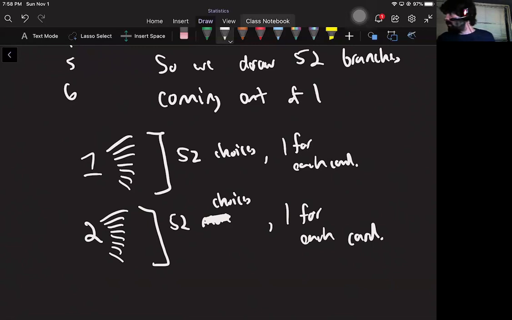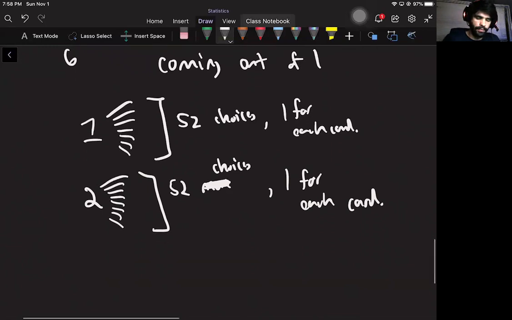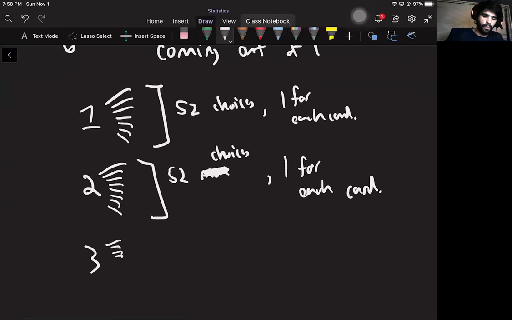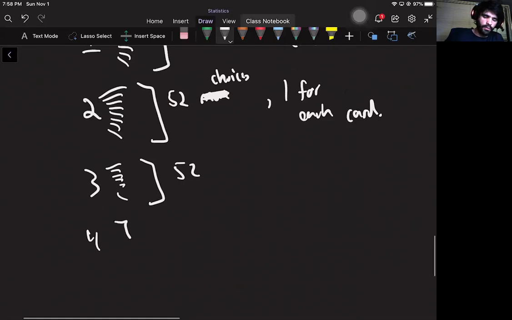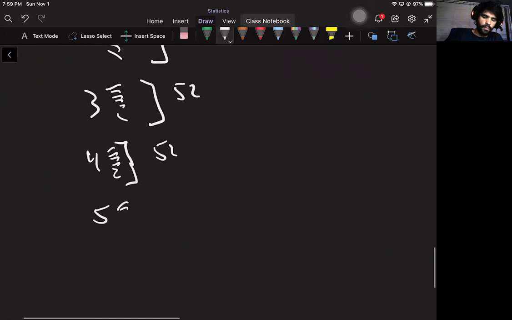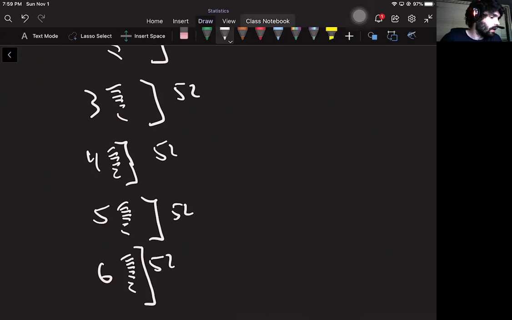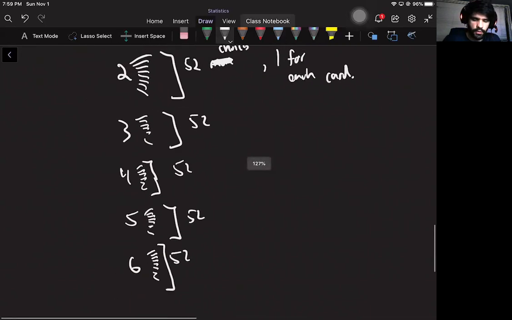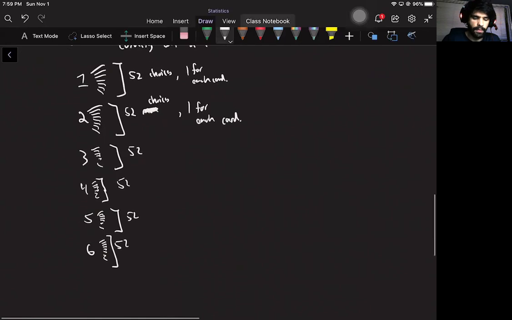And you could keep doing this for each number that you could roll first. So then there would be a 3 with 52 more choices, and a 4 with 52 more, and a 5 with 52 more, and a 6 with 52 more. So then this is actually telling us the total number of possibilities, this little picture here. The number of total branches is the total number of possibilities.